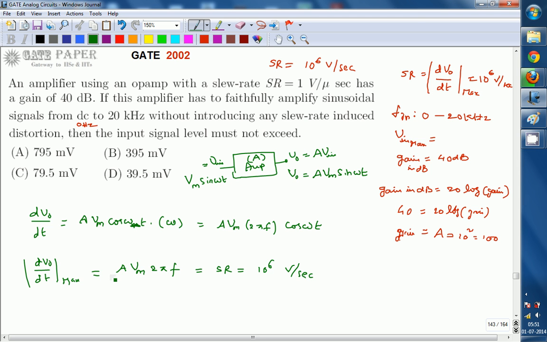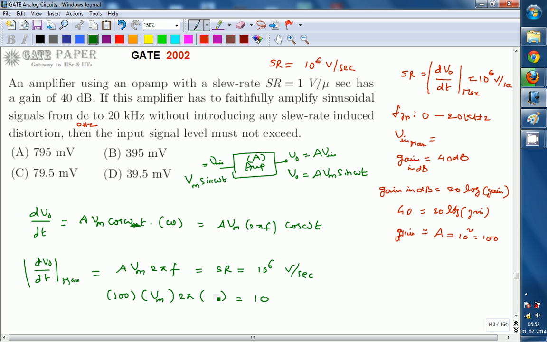In this one, A is equal to 100, Vm is the maximum input signal, and we have to substitute 2 pi f. The frequency has to be either 0 or 20 kHz, and we have to decide, because the signal must pass from 0 to 20 kHz.